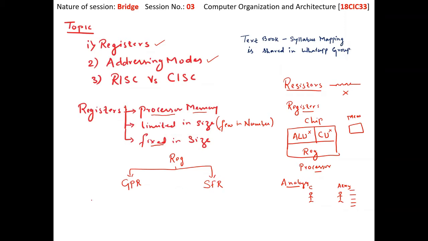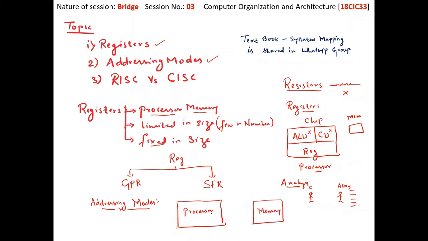The next topic is addressing modes. So this is our processor, and here we have the memory which is outside the processor, and we also have a memory which is inside the processor, that we call a register. As I told you, the job of the processor is to process the data.